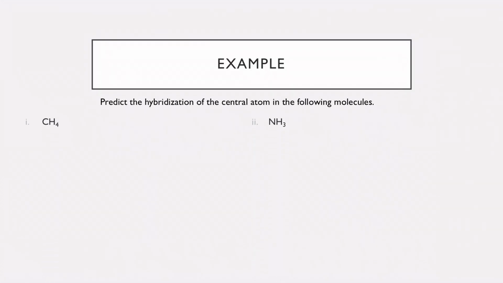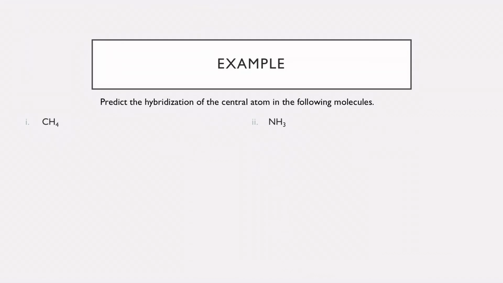So, for example, CH4 molecule. From the Lewis structure of CH4, you can tell how many lone pairs, how many sigma bonds there are around carbon. So in this case, you have 4 sigma bonds, 0 lone pairs.